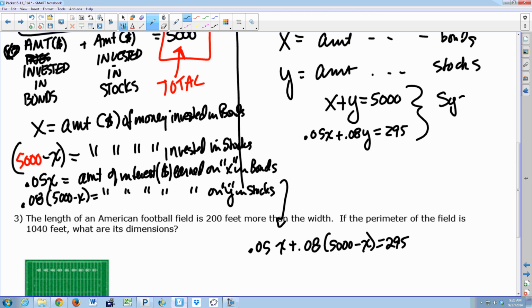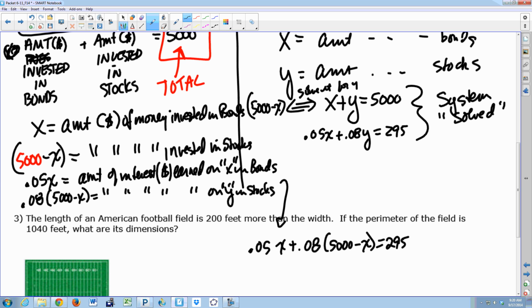So this is your system that needs to be solved. To solve this system, anytime you have an x plus a y, it's much quicker to solve this first equation for either x or y and use substitution. I'm going to take this equation and solve it for y, which is 5,000 minus x.